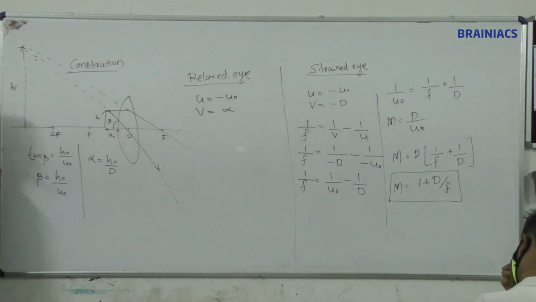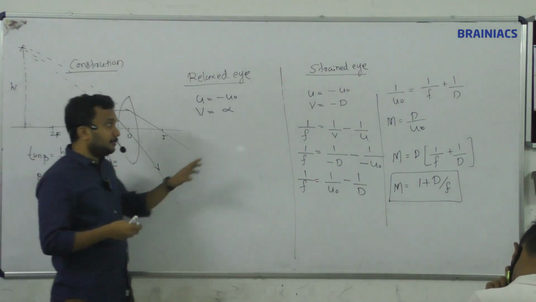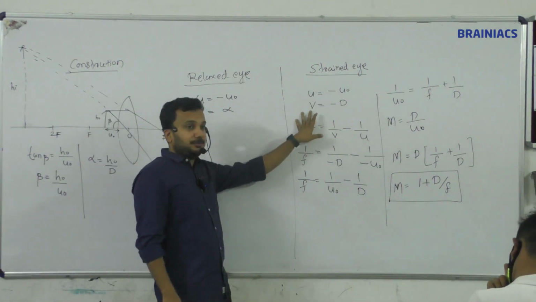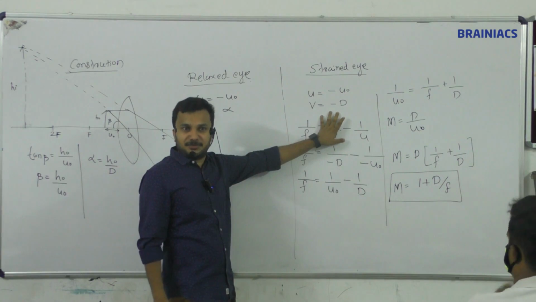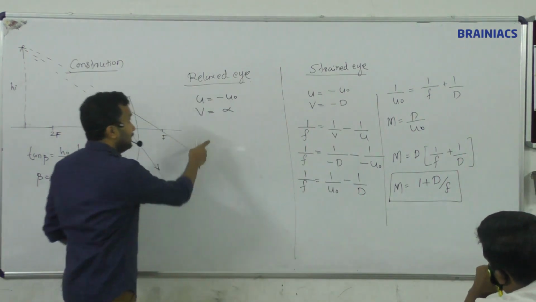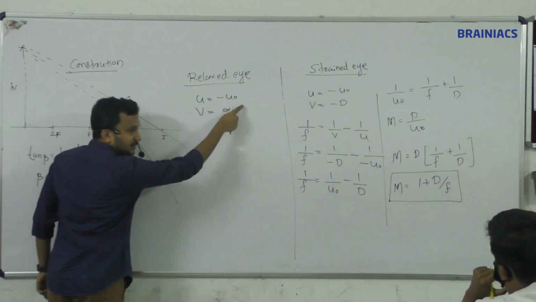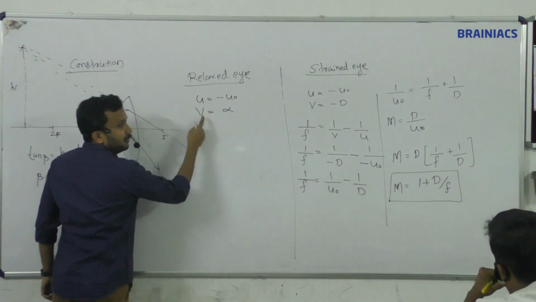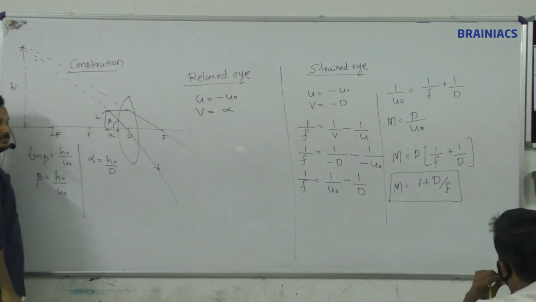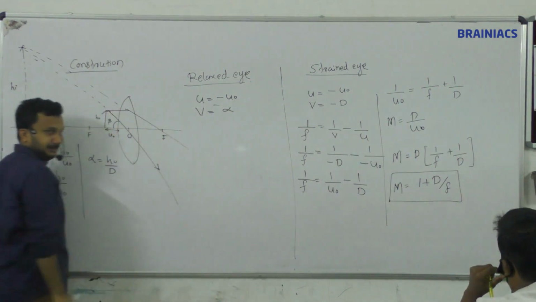Condition for maximum magnification means the image should be at the least distance of distinct vision. Here we are not bothering about that. The image is at infinity, meaning minus infinity, everything on the same side.